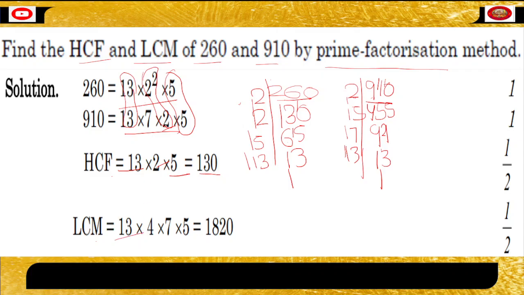Here is 2 raised to 2, here is 2. In LCM we write the highest power, that is 2 raised to 2, which is 4. That is written here. Here is 7, write 7 here. Here is 5 in both, write 5 once. Understand, students? Next, we multiply all and get 1820 as the answer.